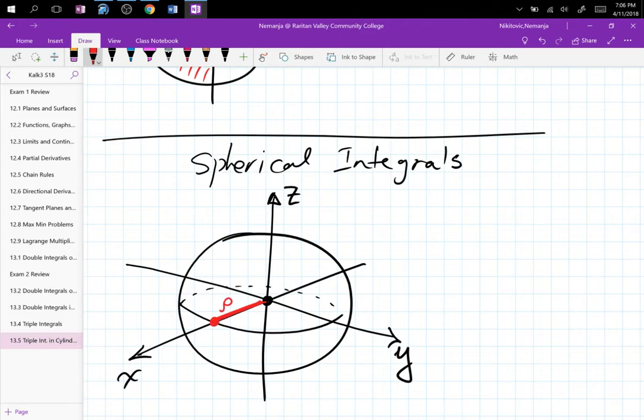Now, a radius is called rho for whatever reason. It's been r for years, and now it's rho. So enjoy that. I'm going to draw a radius rho along the x-axis. I'm going to swing that theta, and then there is going to be another angle, phi.